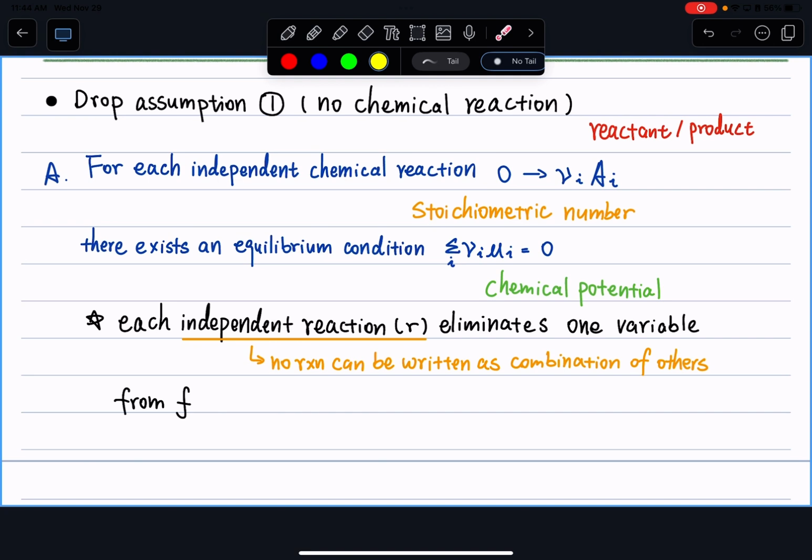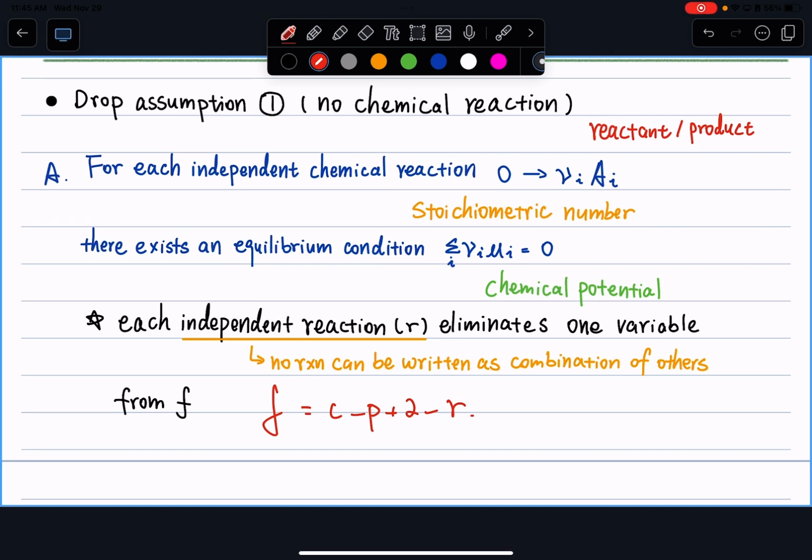So that's 1 less degree of freedom. All right, and we abbreviate these independent reactions using a small letter r, which stands for reaction. So your total degree of freedom now becomes C minus P plus 2 minus r.